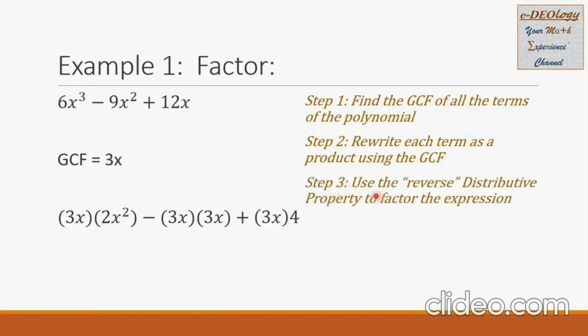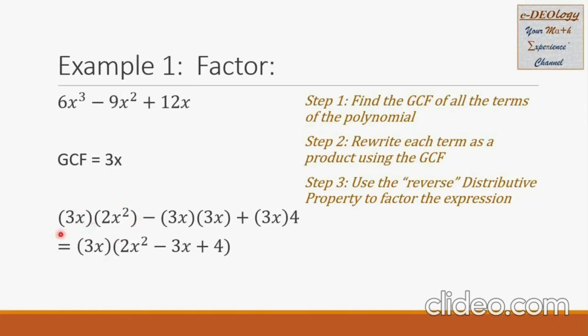For step 3, use the reverse distributive property to factor the expression. It means we're going to remove first the GCF from the three terms. So see, the GCF is now outside, and then on the second factor, we're going to collect all terms that will remain for each term after removing the GCF.